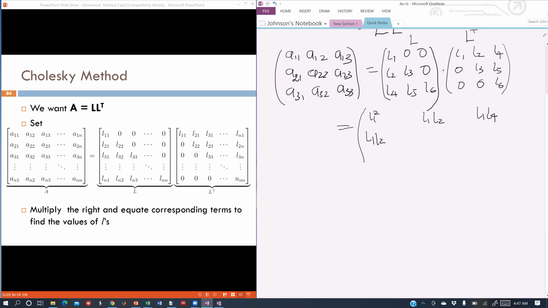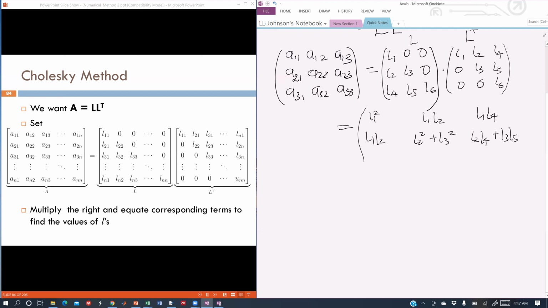Then row 2 times column 2 will give us L2 square plus L3 square. Then row 2 times column 3 will give us L2, L4 plus L3, L5.